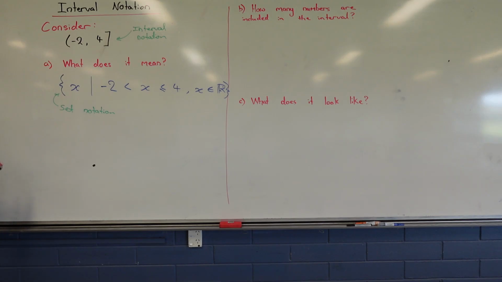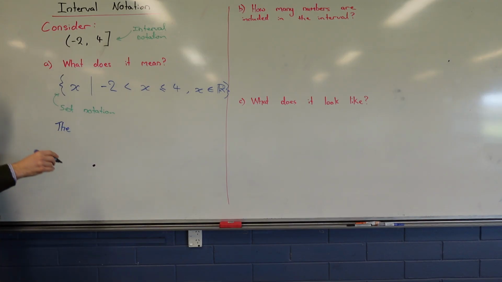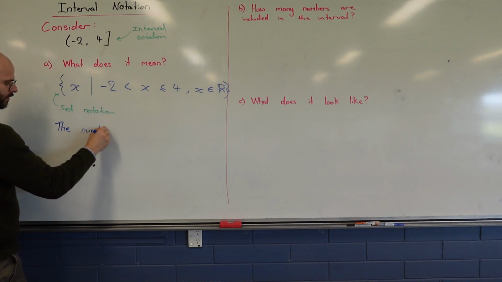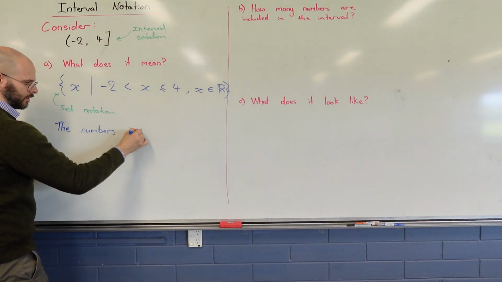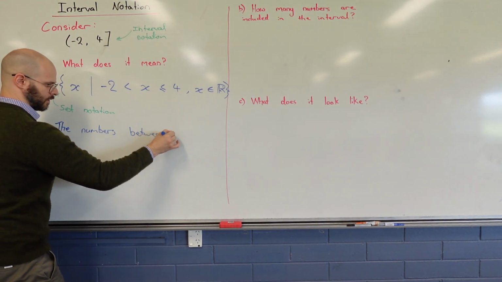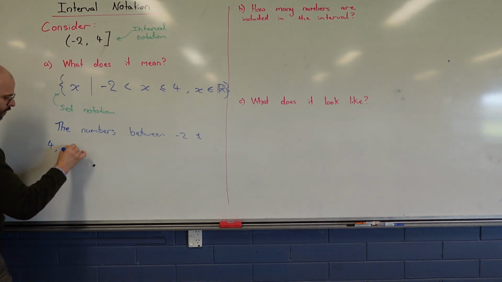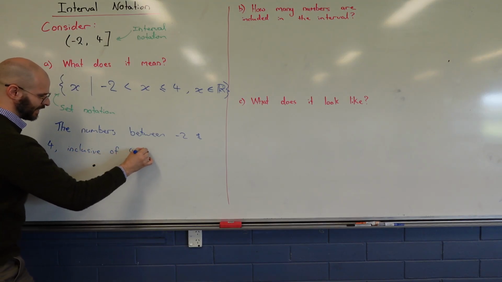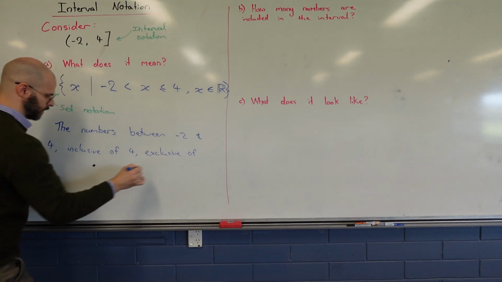We are looking at the numbers, without saying X, the values between -2 and 4, inclusive of 4, exclusive of -2.